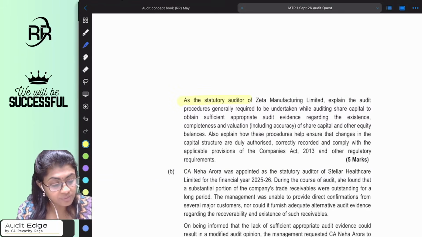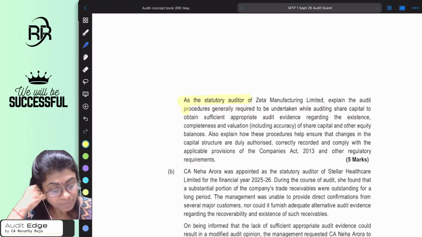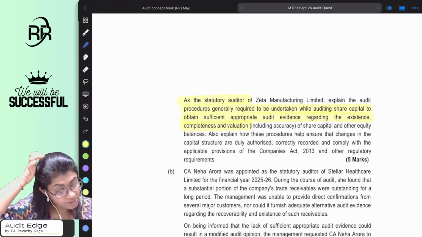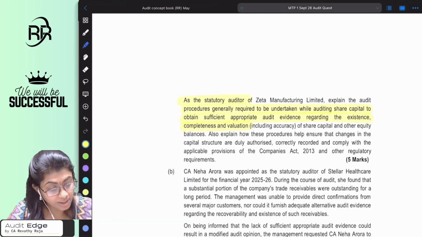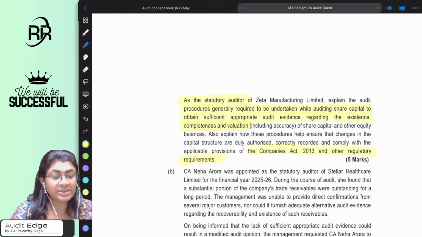As the auditors of Zeta Manufacturing Limited, explain the audit procedures generally required to be undertaken while auditing share capital to obtain evidence regarding existence, completeness, and accuracy of share capital and other balances. Explain how these procedures would ensure changes in the capital structure are correctly recorded and comply with the requirements of the Companies Act and other regulatory requirements.